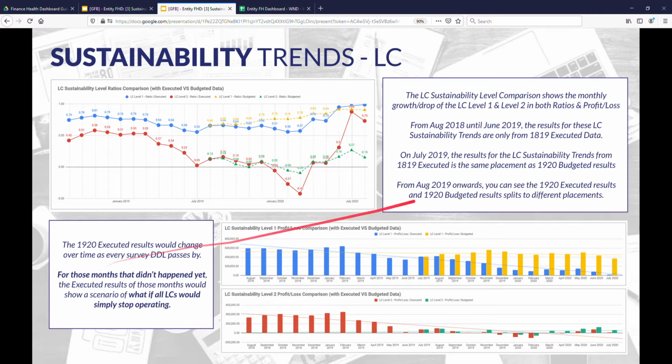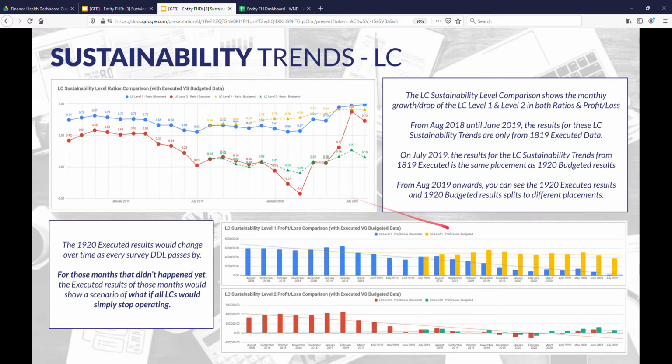There is a similar application for 1920 executed results. While those things are not yet happening, it will show what if all LCs would simply stop operating. If you look at the ratios, there are times when the executed looks better than the budgeted, because ratios are based on percentage.